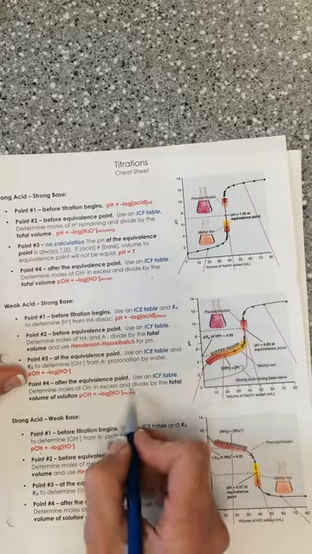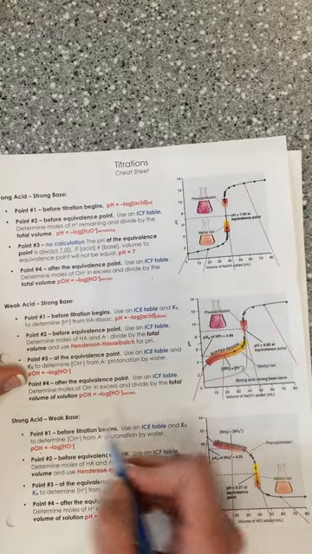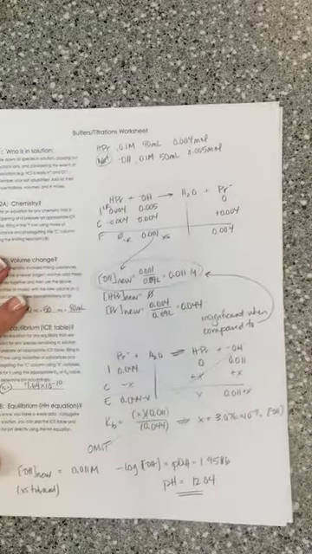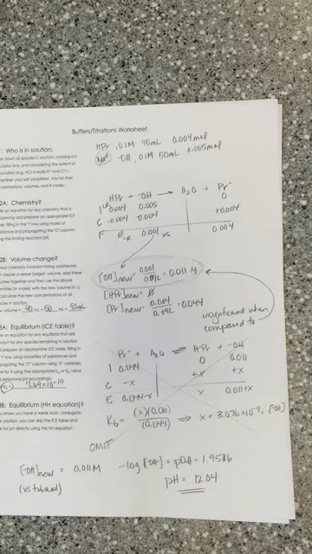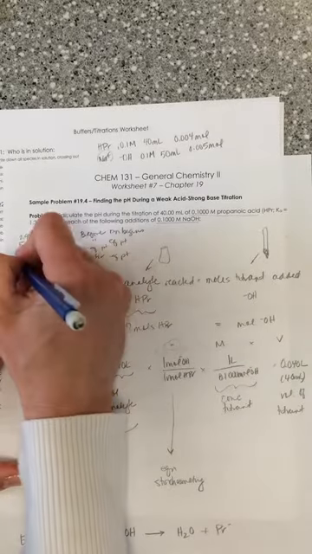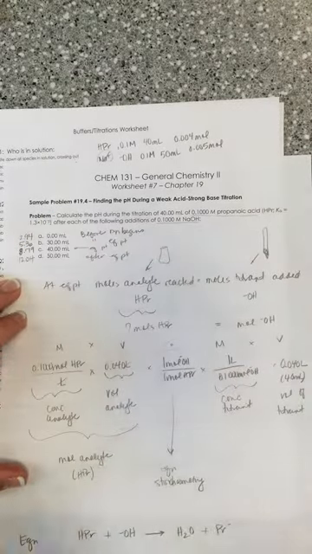And then we could take the negative log of that to give us pOH, and then 14 minus that to give us pH. So quite a lengthy problem for our weak-strong combination, giving us 12.04 at the end here.